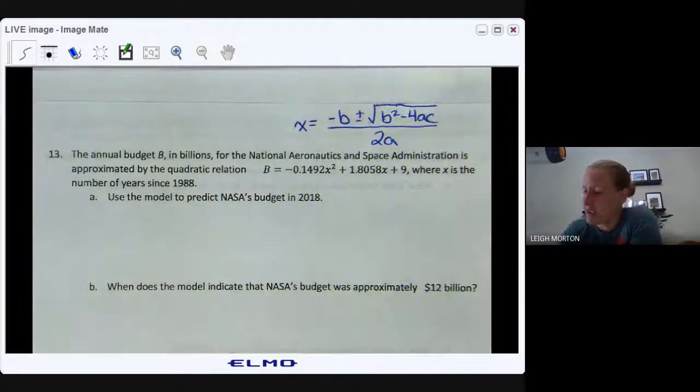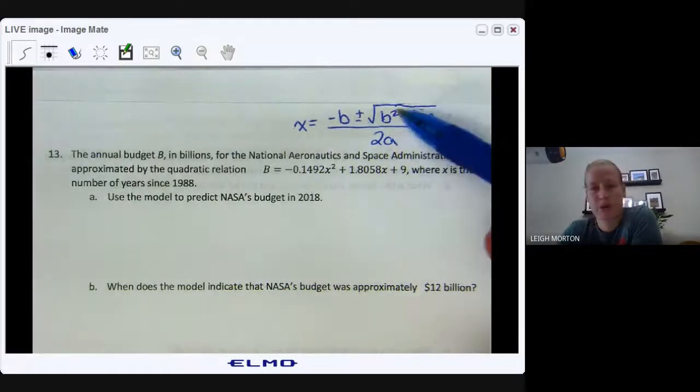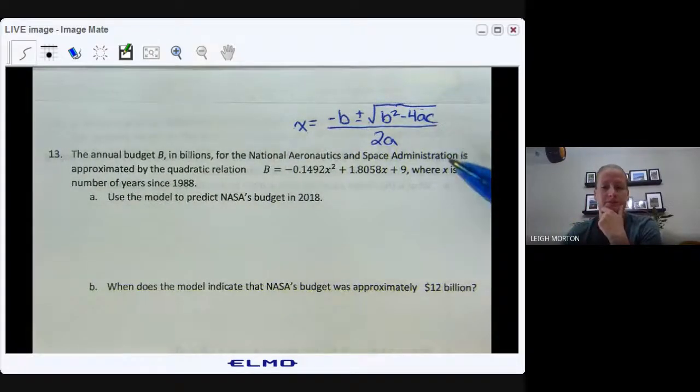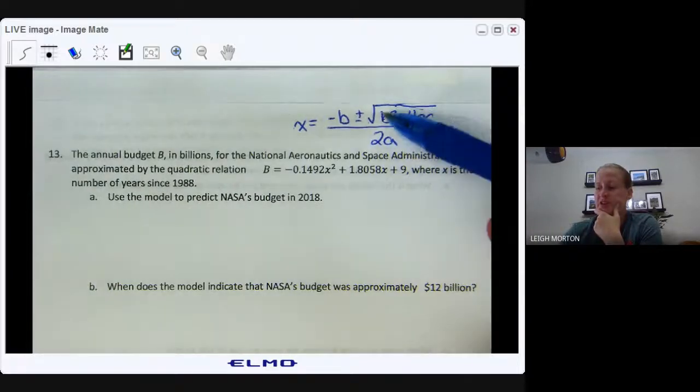Another reminder is this section under the square root right here. So b squared minus 4ac, what do we call that? What is the name for this expression right here?